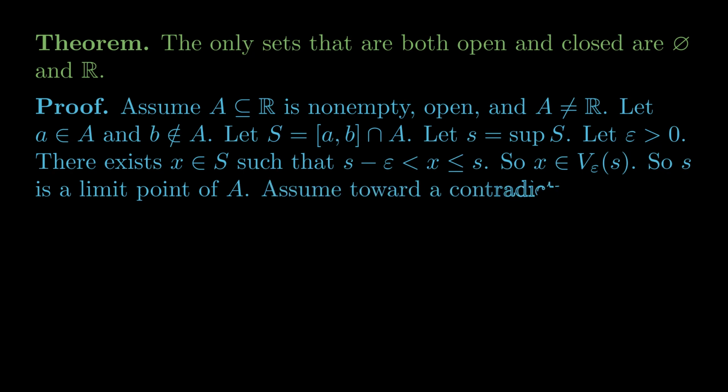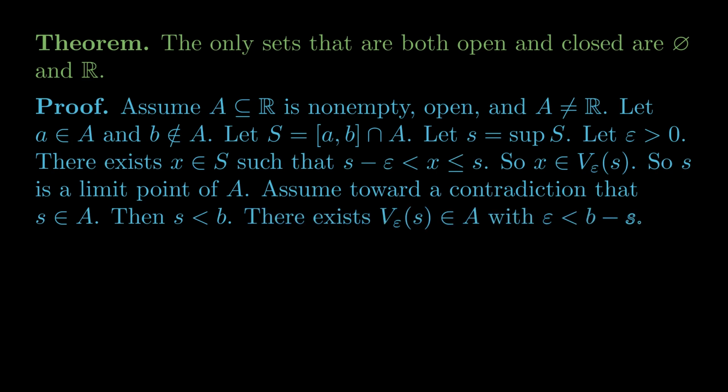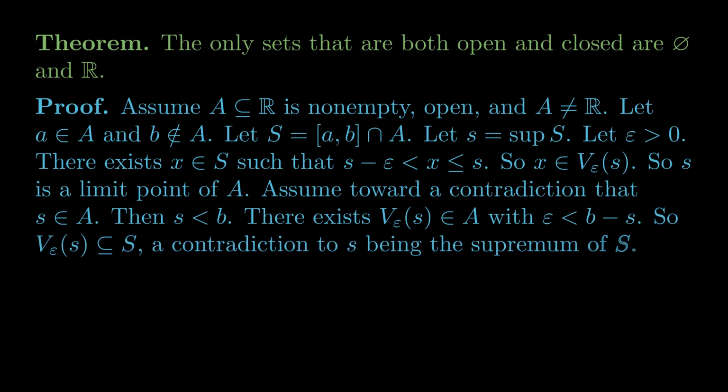Assume toward a contradiction that s was an element of A. Then s could not be equal to b, so s would be less than b. By the definition of open, there would exist an epsilon window around s that's entirely contained in A. And we can take the size of that epsilon window to be less than b minus s, so that this epsilon window around s is also contained in our set, big S. But that's a contradiction, because s is supposed to be the supremum, an upper bound for the set big S. And so big S cannot contain any elements greater than s.